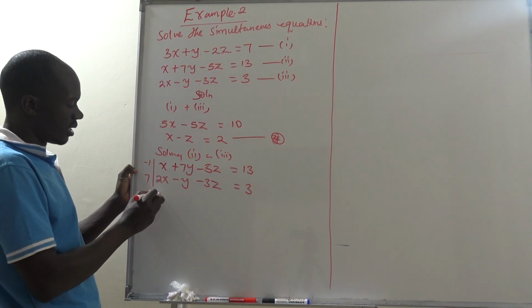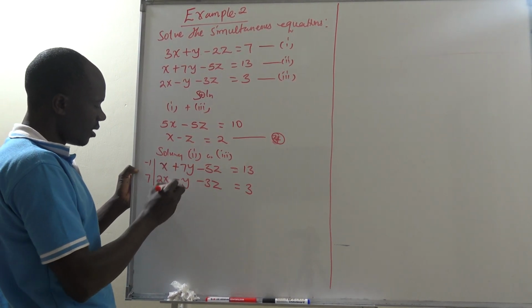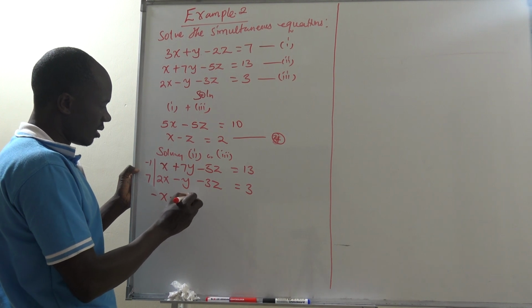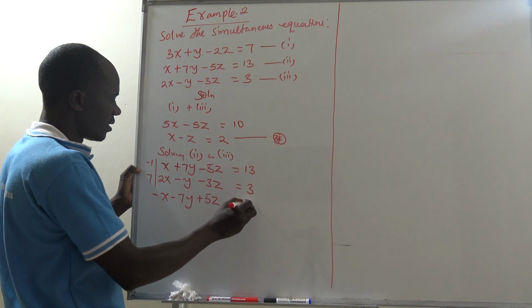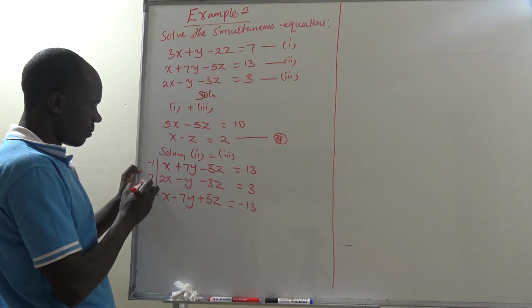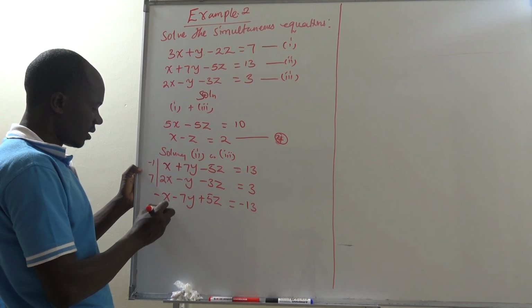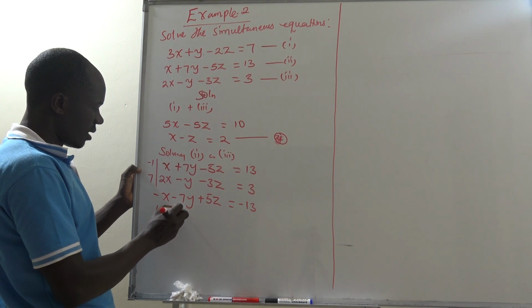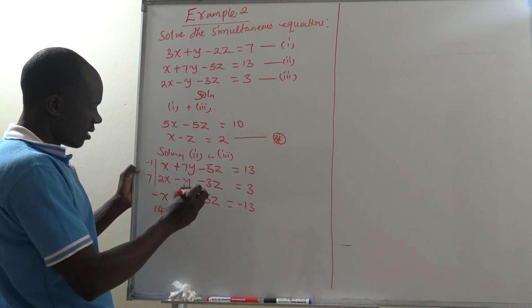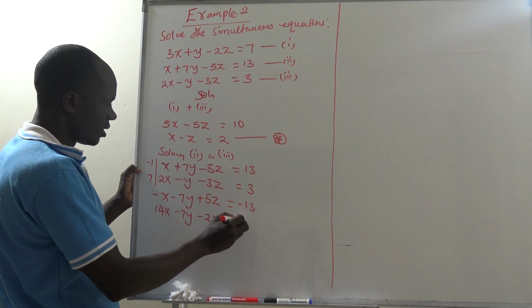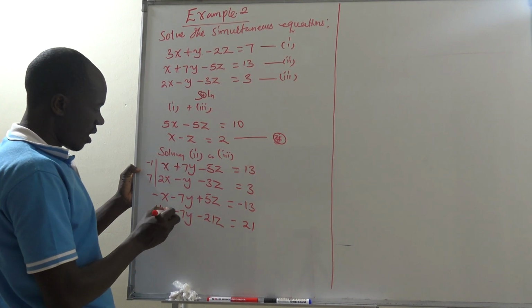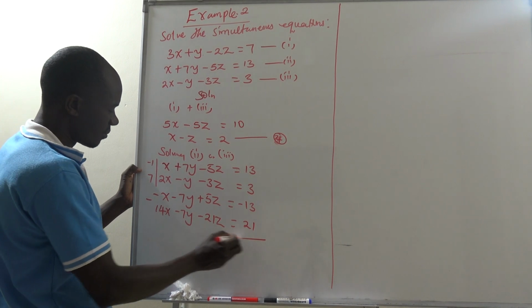Multiplying out, we get -x - 7y + 5z = -13. Multiply the other by 7, here we get 14x - 7y - 21z = 21. How can I remedy this one? We subtract.